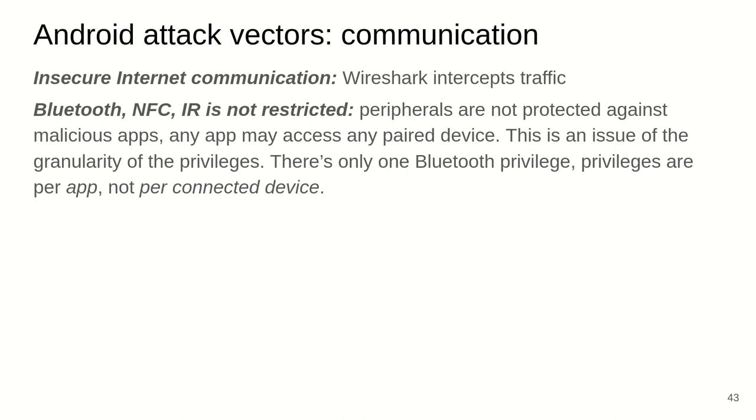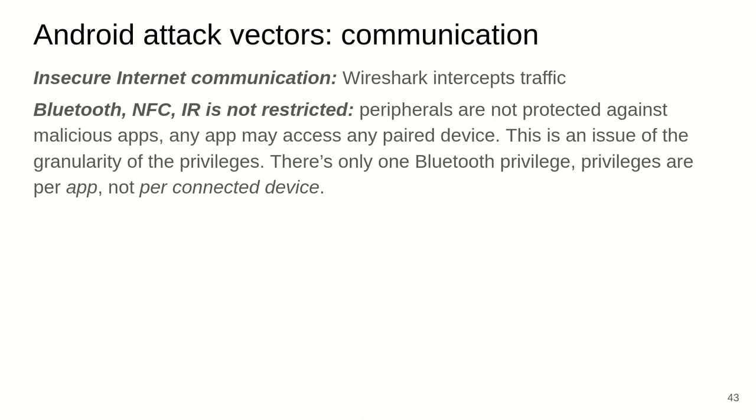After you have paired your Bluetooth headphones, any other app, even a malicious app, could be interacting with the communication channel on your headphones and potentially compromise those as a lateral vector. This is an issue of the granularity of the privileges. There's only one Bluetooth privilege. Therefore, privileges are per app and not per connected device.